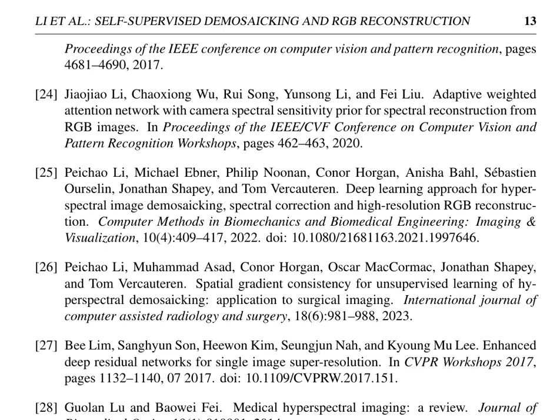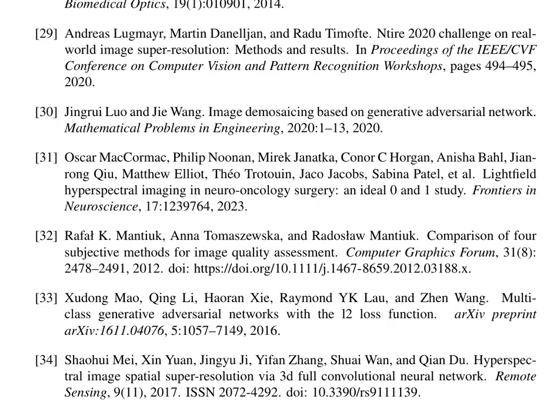The research focuses on self-supervised demosaicking and RGB reconstruction from hyperspectral images, leveraging deep learning techniques to improve RGB image quality. It involves using attention networks to adapt to camera spectral sensitivity and spatial gradient consistency for unsupervised learning. The method is evaluated on several datasets, demonstrating significant improvements in image quality and reconstruction accuracy.